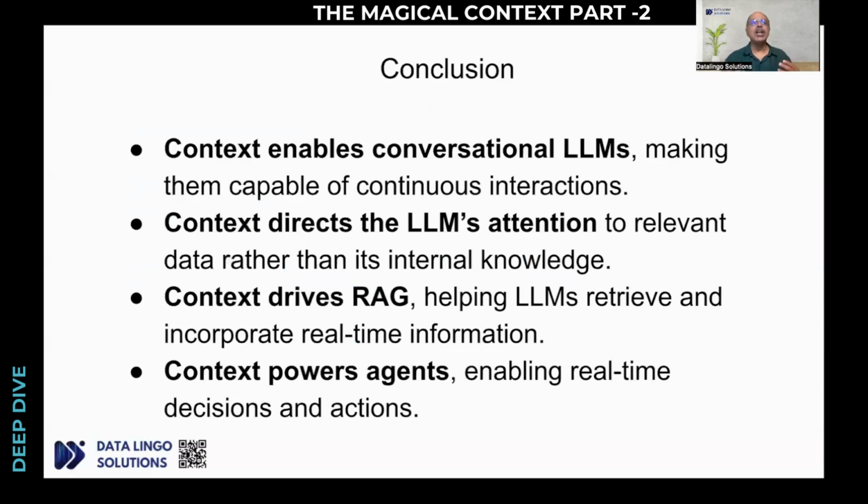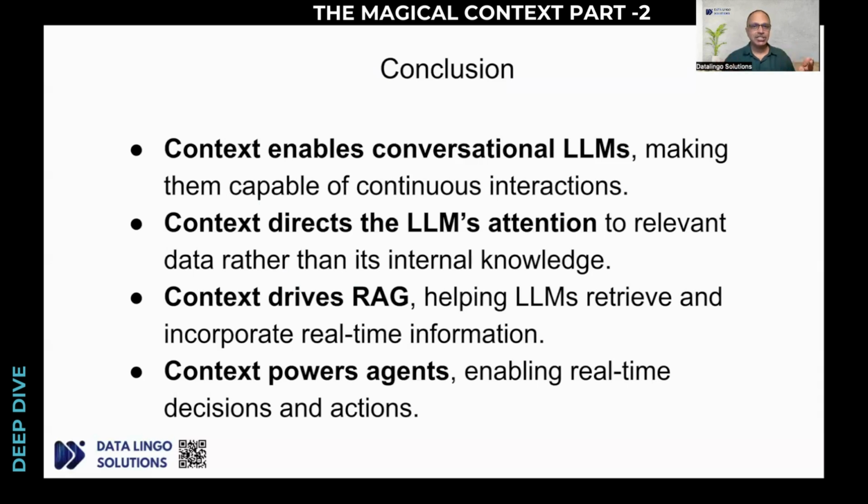In retrieval augmented generation, context helps in incorporating relevant real-time information, enhancing accuracy of LLM's responses. It shifts the LLM's focus to fresh data, allowing for better informed results.